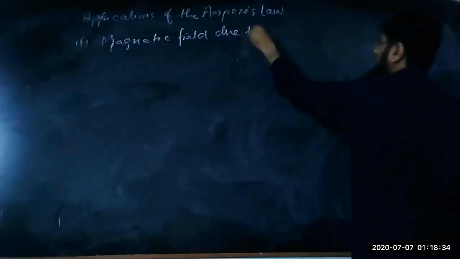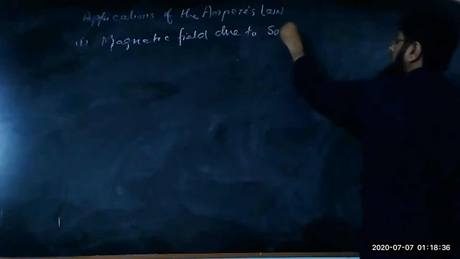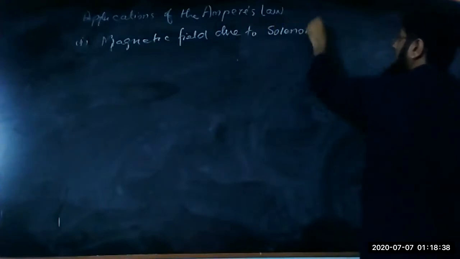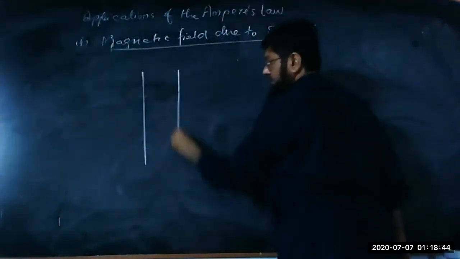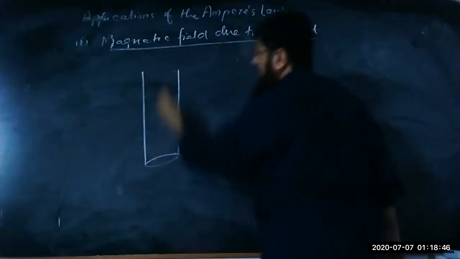Number one is the magnetic field due to a solenoid. A solenoid is a shape; it is a kind of coil.